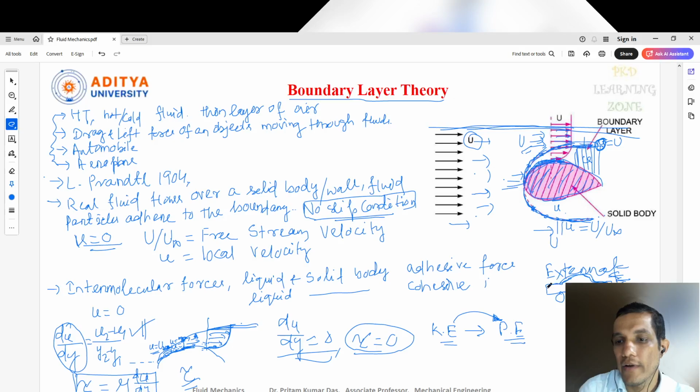There we can find the effect of the velocity of air on the surface. So here also a boundary layer will be formed. This is about the external effect of the velocity or boundary layer.